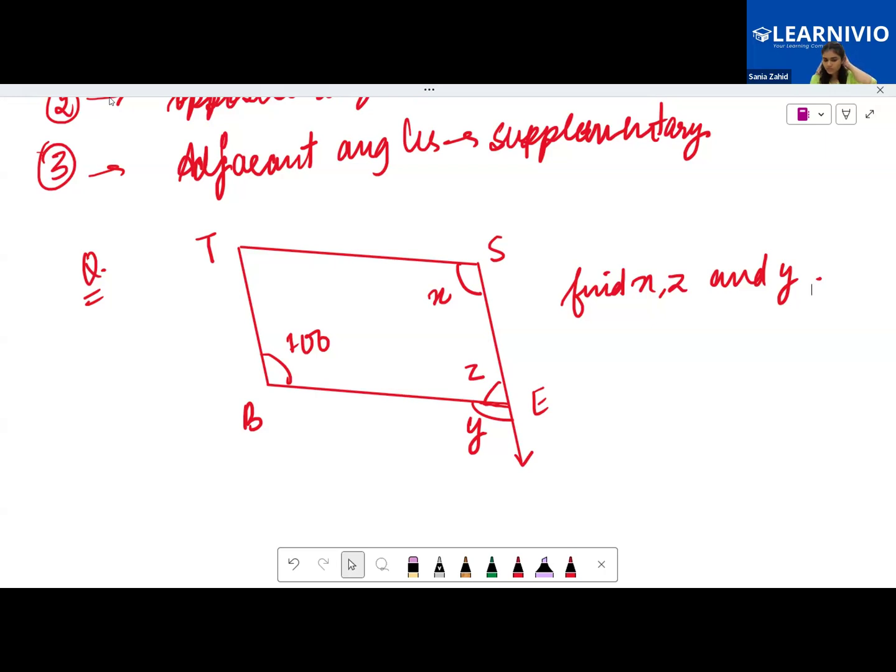Now once we find one variable, is it important to write the property on the side? Yes, you need to solve it in a proper way, mention all the steps and then solve it. Okay, ma'am.